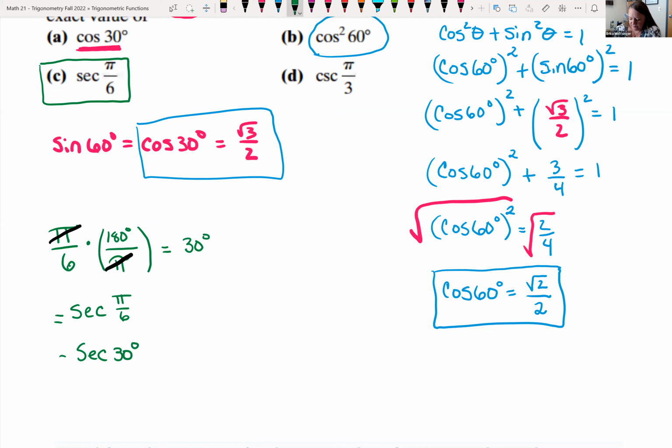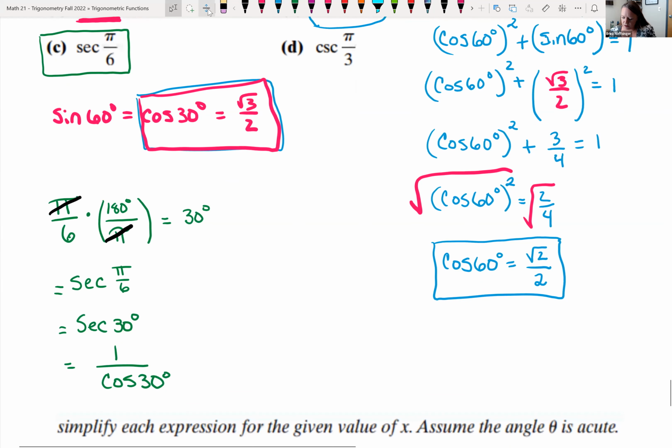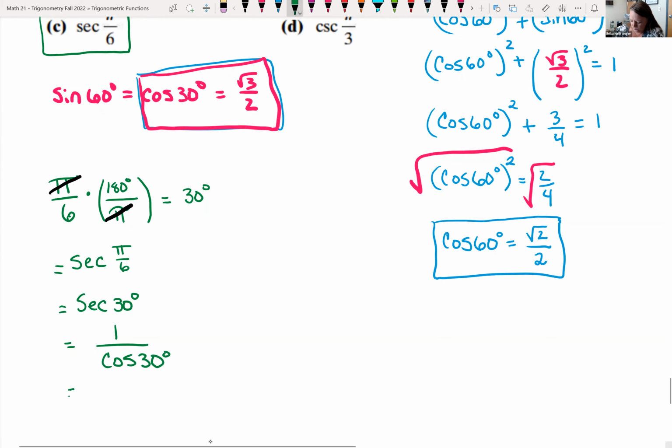Rewriting secant in terms of cosine, this is 1 over cosine of 30 degrees. But we found that cosine of 30 degrees in part A was root 3 over 2. So we can rewrite that as 1 all over root 3 over 2.